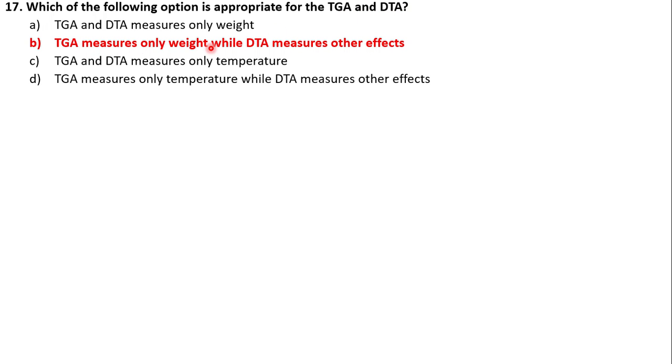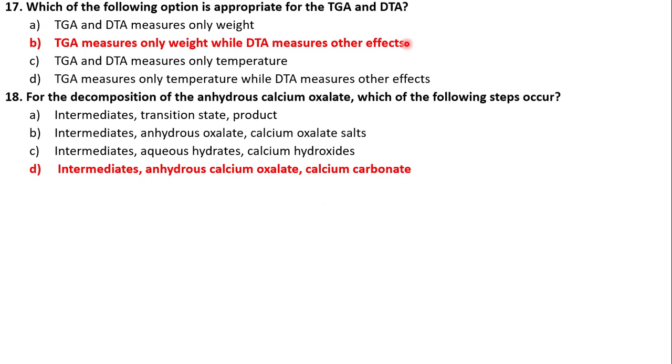TGA measures only weight while DTA measures other effects. For the decomposition of anhydrous calcium oxalate, which of the following steps occur? That is intermediates, anhydrous calcium oxalate and calcium carbonate.